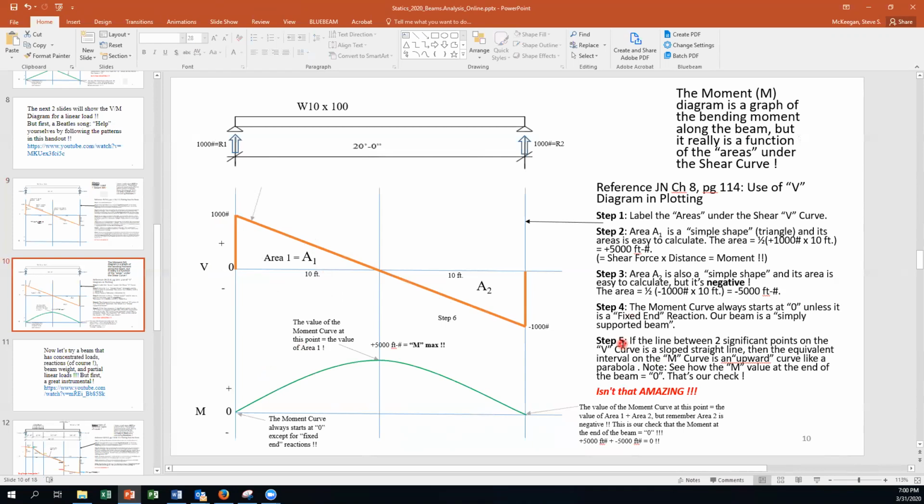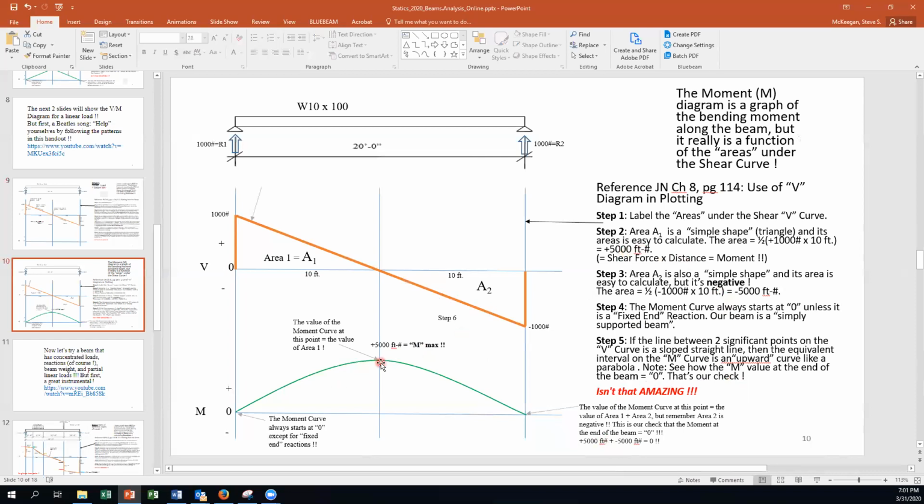Now, if the line between the two significant points on the V curve is a slope straight line, then the equivalent interval on the moment curve is an upward curve like a parabola. See how the M value at the end of the beam equals 0. Again, that's our check, because area 1 was positive 5,000 foot-pounds.